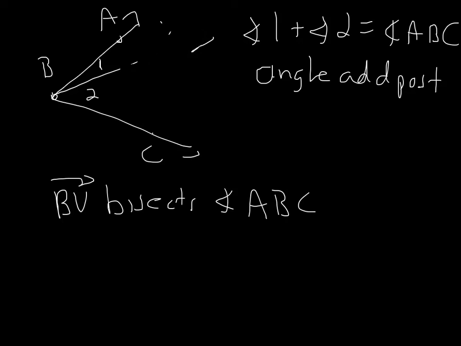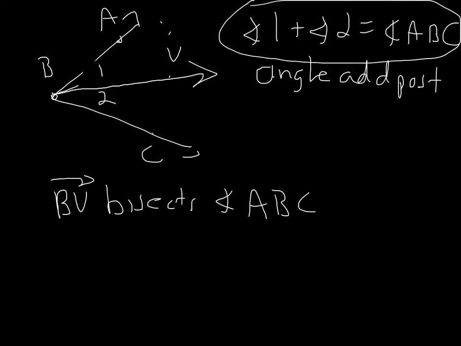So I'm going to just erase my ray, and now I'm going to put another ray more in the middle. BV, I'm going to call it angle 1 and angle 2 again. So the top equation is still going to be true, even if it's an angle bisector. Small angle 1 plus small angle 2 is still going to equal large angle ABC.